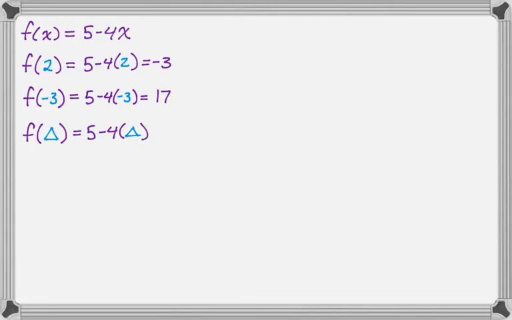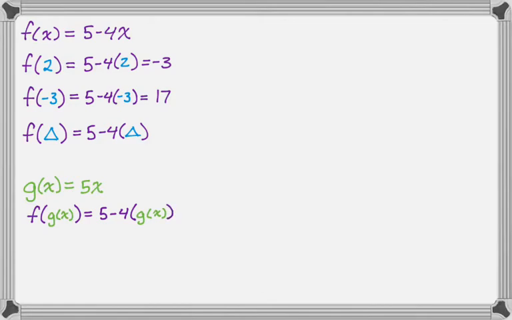That idea is useful because sometimes we define another function. So let's say g of x is 5x. And you might be asked to find f of g of x. The process is exactly the same, so it's going to be 5 minus 4 times the quantity g of x.